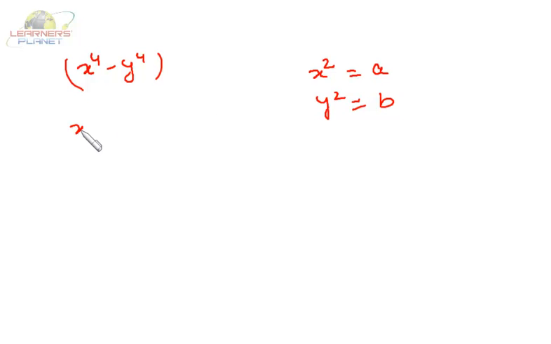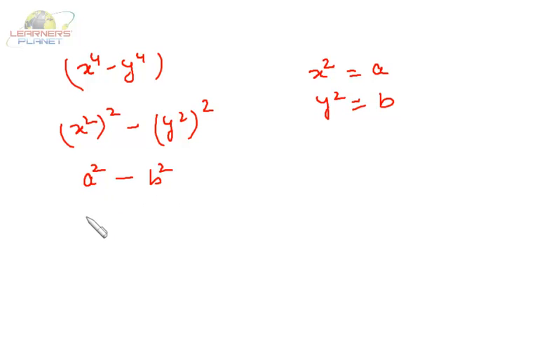Suppose we have x raised to 4 minus y raised to 4. Now I assume x square to be a and y square to be b. That means it is x square's square and y square's square. Now x square is a, and its square is a square, and y square is b, and it is b square.